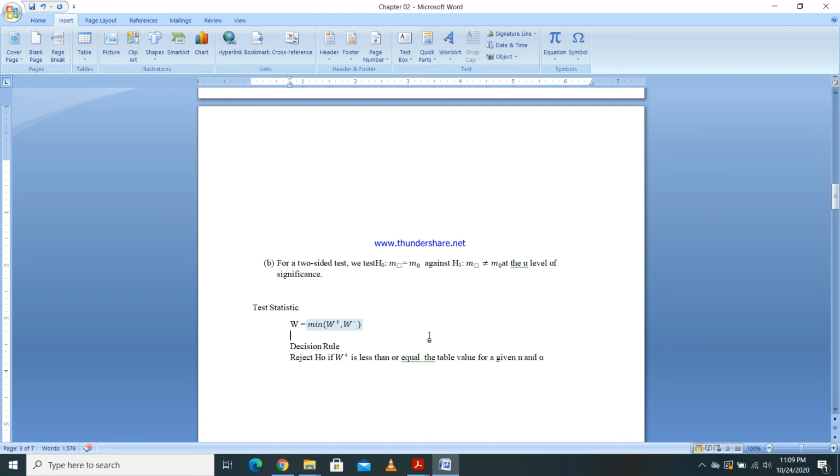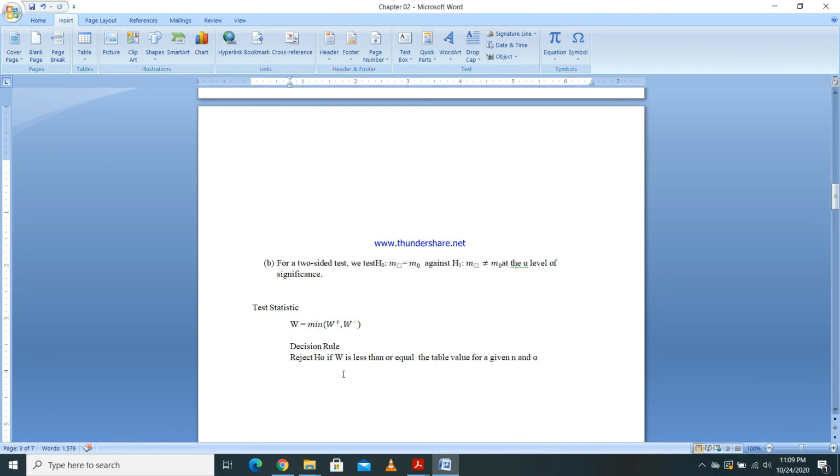So what will happen when it comes to the decision rule? You have to reject H naught by observing the calculated value of your test statistic.